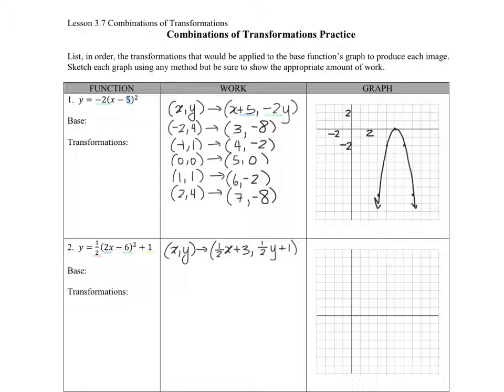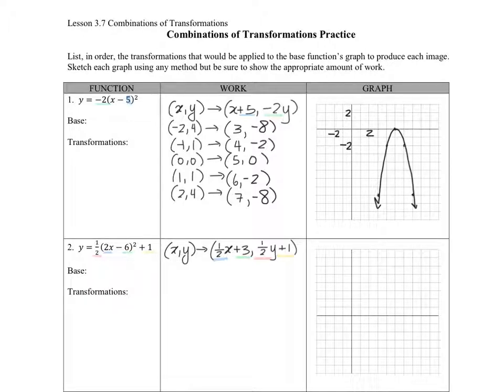So this is the a value, 1 over 2. This is the b value, but it's reciprocal, so 1 over b. This is the d value, translating 3 units to the right. And then this is the c value of translating 1 unit up.